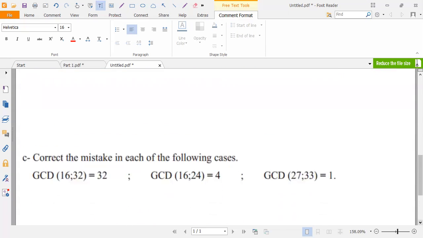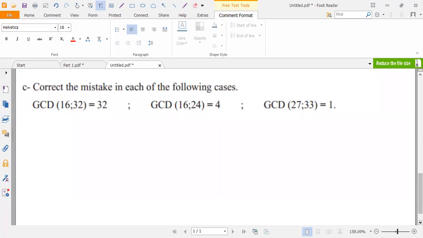Now, part C, correct the mistake in each of the following cases. The GCD of 16 and 32 is equal to 32? Sure not. Look, we have a relation between them. 16 times 2 is equal to 32.